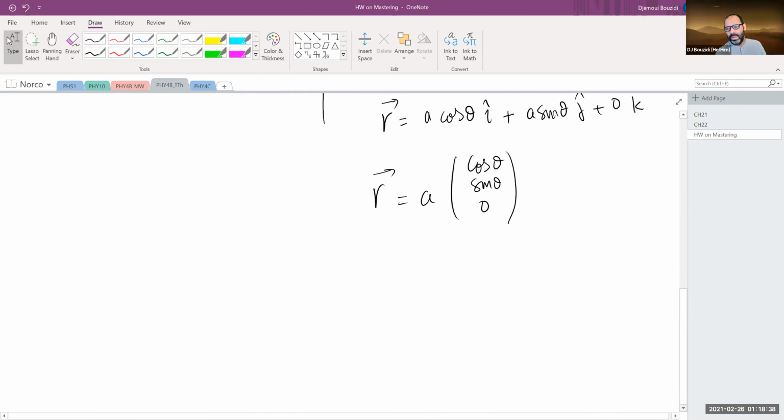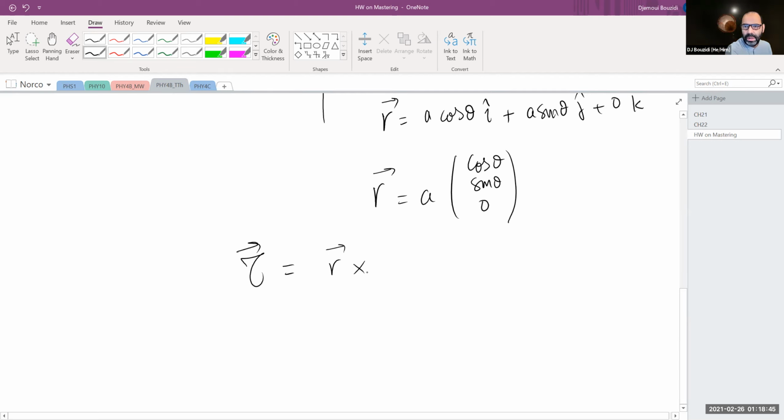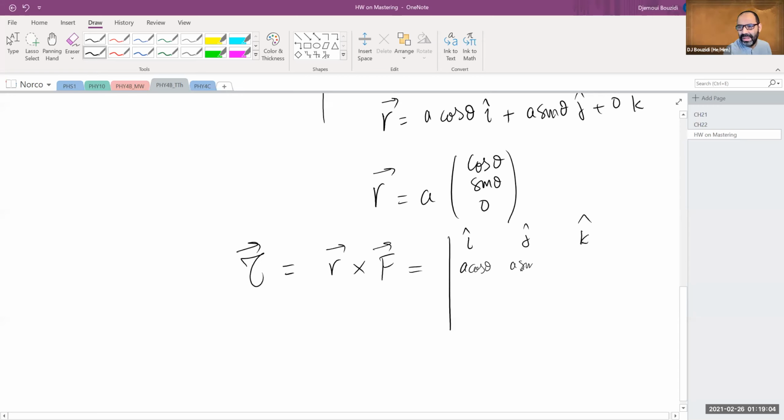So let's do that. The torque tau with the first method is equal to R cross F, which means it's the determinant of i hat, j hat, k hat, and the components of R are A cosine theta, A sine theta, and 0.